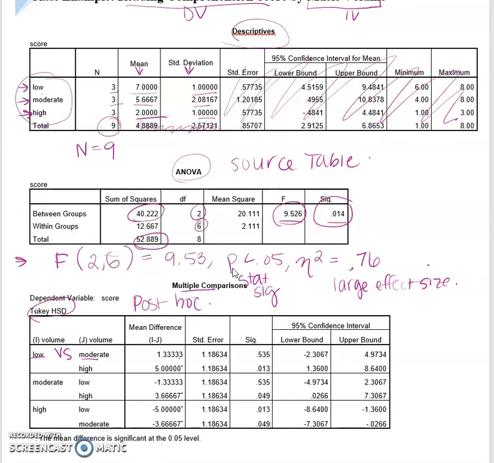So if we take the low versus moderate mean, we will get a difference of 1.33. And then we want to know, is that difference, the difference between 7 and 5.66, statistically significant? And the answer is actually no. So we'll write NS, not significant.